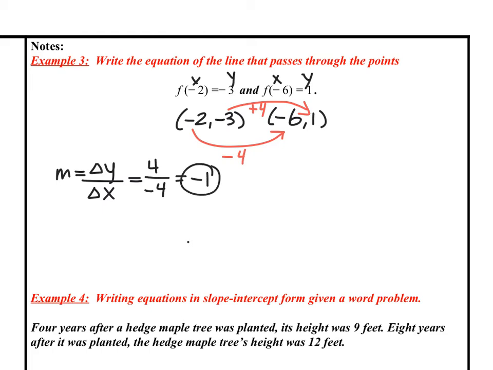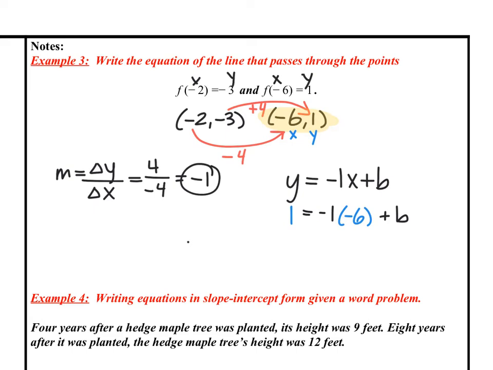Now you're going to take y equals mx plus b, go ahead and put in your slope, and you're also going to choose a point. It does not matter which one you choose. I like this one today. So -6 is x, 1 is y. So 1 goes here, -6 goes here, and we're solving for the y-intercept, so we can write the equation.